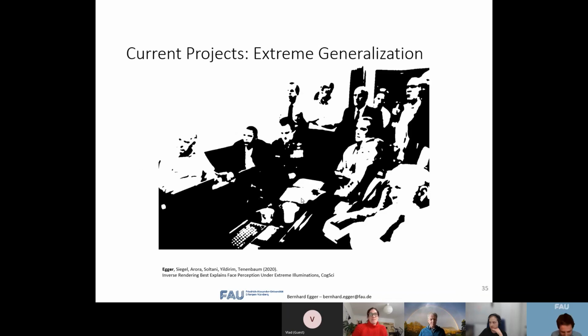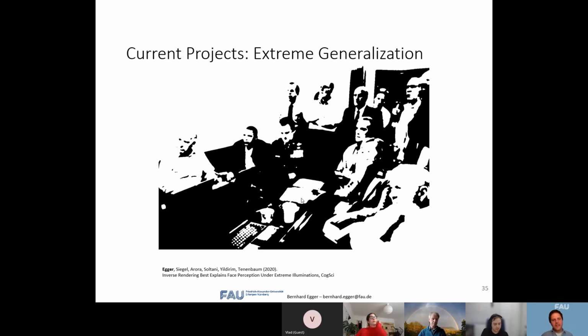Okay, so I would like to go back to the image that I started with, this Mooney image, because it's something that we played around with. We didn't really publish a real paper on it, but I think it's very interesting, and we did some experiments and we also have some first findings, and I would just like to share one idea on how we could be able to understand such images, motivated from this inverse graphics, computer graphics engine in the brain idea.